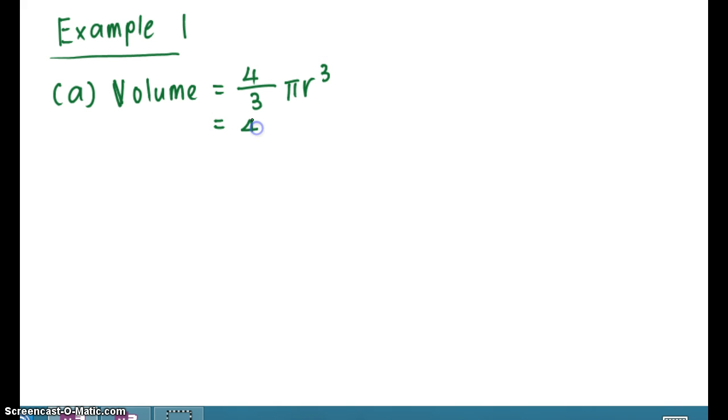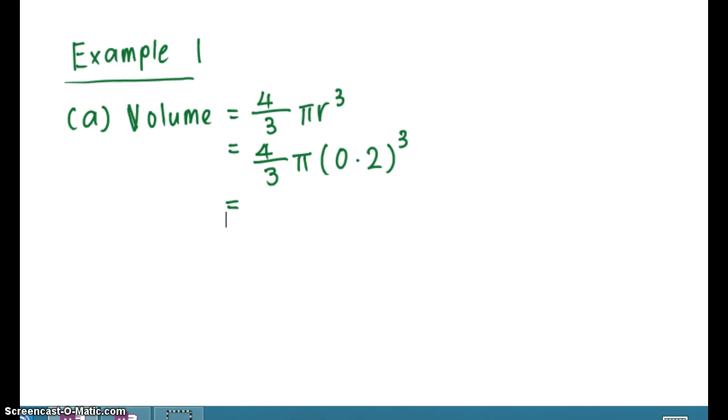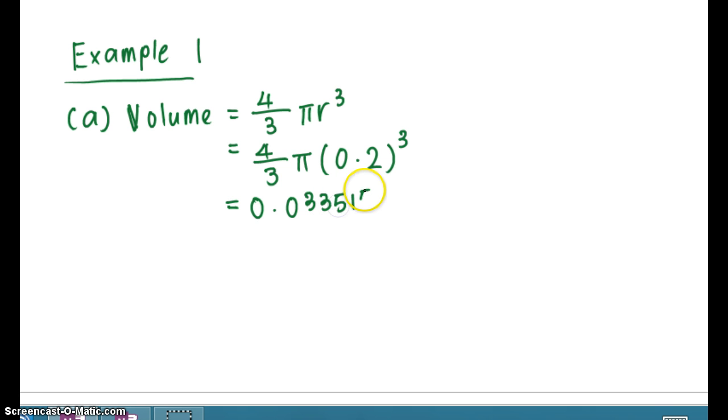And since we know that the radius is 0.2, we can now substitute into the formula. This would give us 0.033515 meter cubed. Since the radius is in meters, the volume must be in meter cubed.